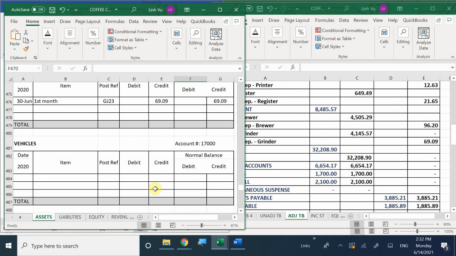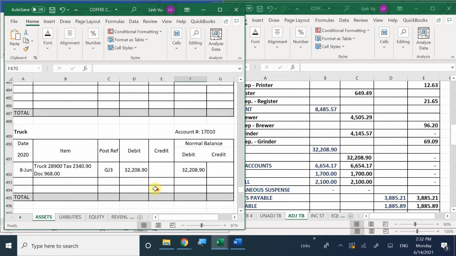Here for our depreciation, we have our truck.